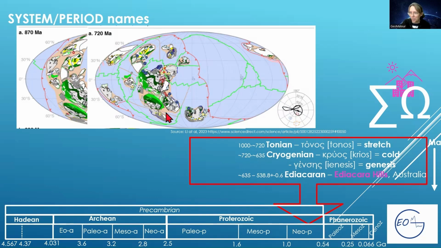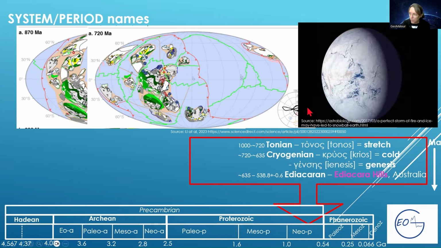The next unit, Cryogenian, comes from two Greek words meaning cold and genesis or birth. So it can be translated as a birth of cold. And it's connected to snowball Earth or slushball Earth, generally speaking, global glaciation.